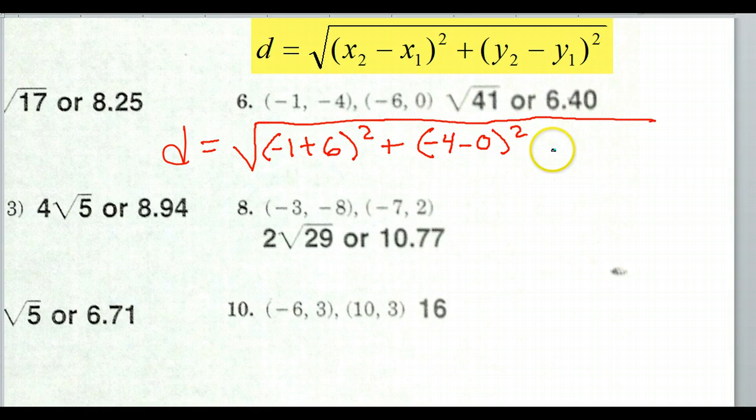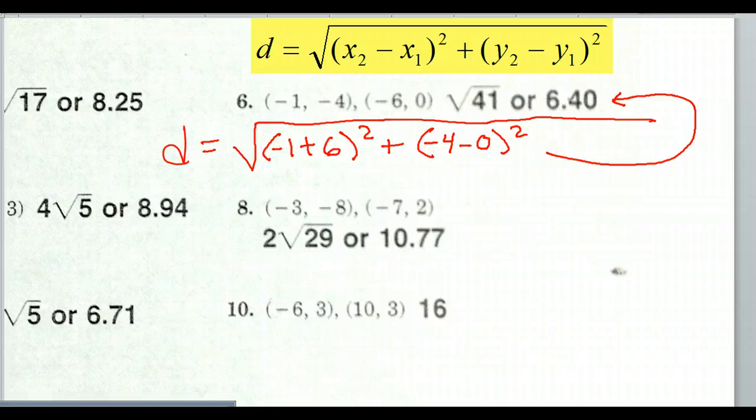If you put this in your calculator, I'm betting that it gives you this. But let's go ahead and see. Why not? -1 plus 6.